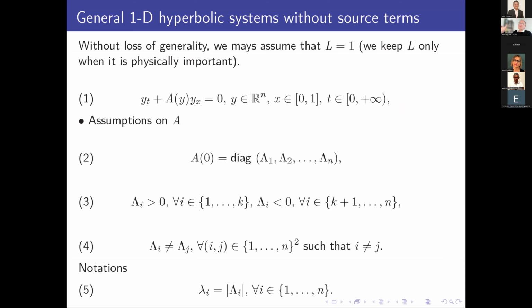A of 0 is assumed, maybe after some change of variable, because the eigenvalues are all distinct and real, to be in the form diagonal of lambda 1 to lambda n, with k eigenvalues lambda i which are positive and n minus k which are negative. You assume that the lambda i are distinct from the lambda j, and small lambda i is now the absolute value of lambda i.